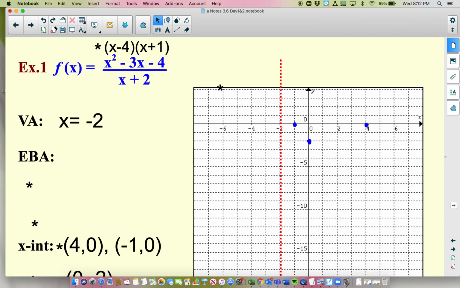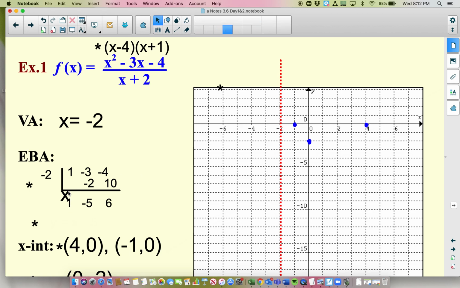So again, because the degree on top, squared, is larger than that of the denominator, linear, I can do division, and I can do synthetic because I'm dividing by linear, x plus 2, with a leading coefficient of 1. So taking the coefficients from your numerator, 1, negative 3, negative 4, dividing by negative 2 since I'm dividing by x plus 2, and you know the synthetic process, so you can check over that work.